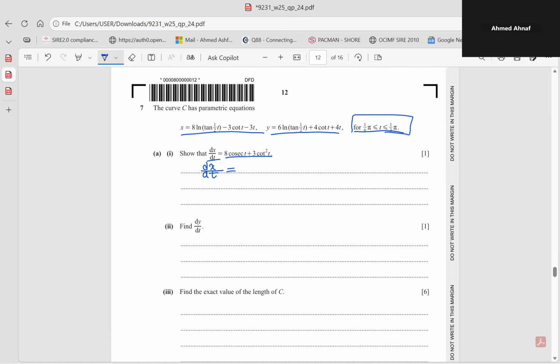So this is going to be 8 tangent half t, half secant square half t, minus 3 cotangent t.